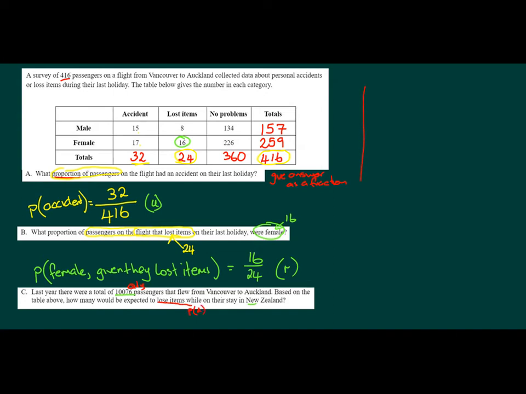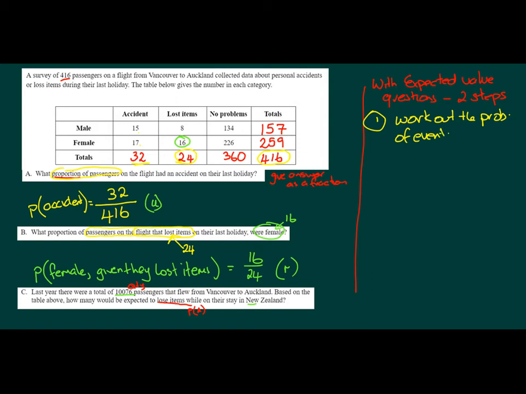So the key point here with expected value questions is there are two steps. Step one. First of all, you need to work out the probability of the event that they're asking for.